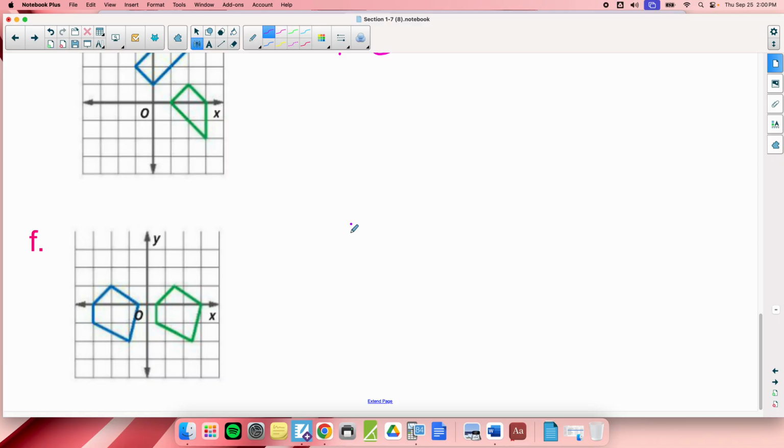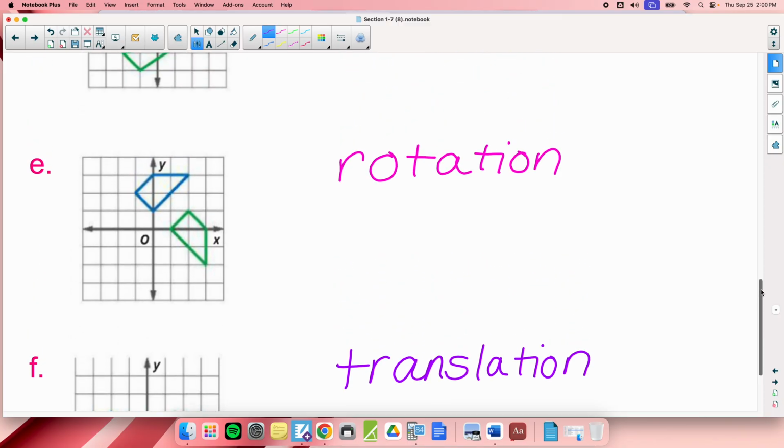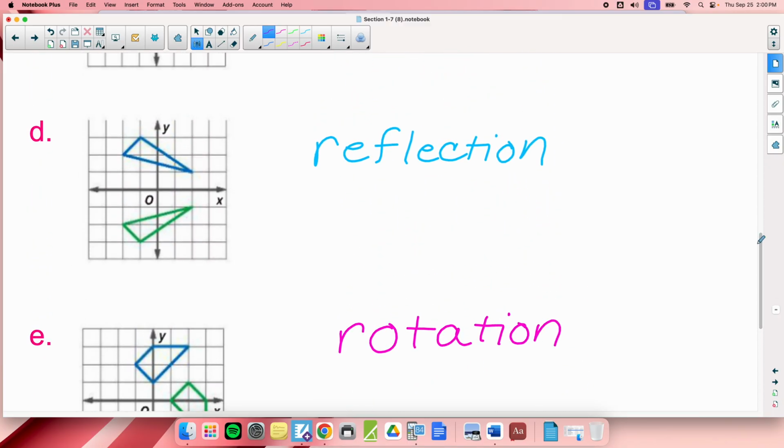Translation. Yeah, this one is just kind of slid over. And anytime something is not turned or flipped, that is a translation. Okay? D was a reflection. Did everybody get all those?